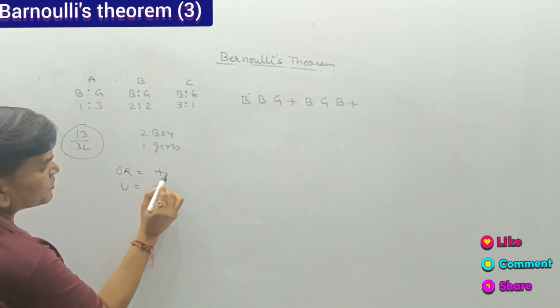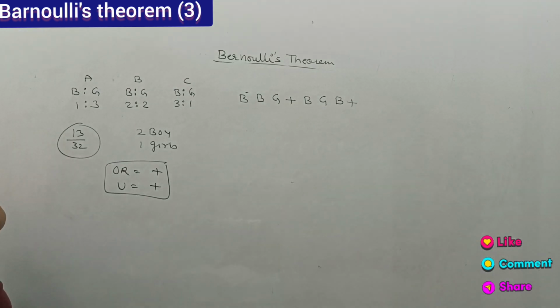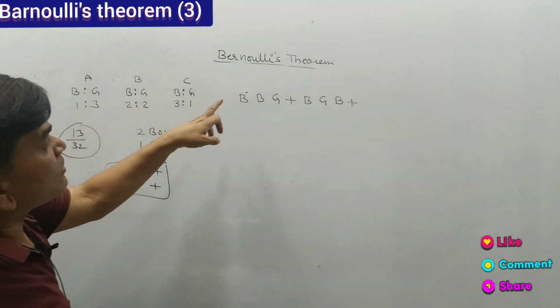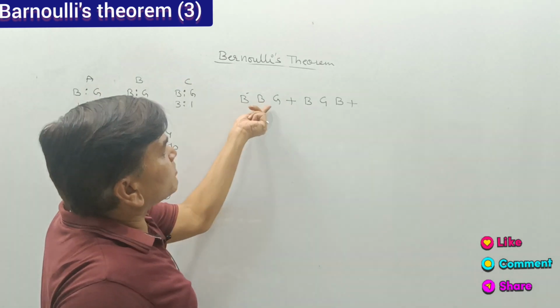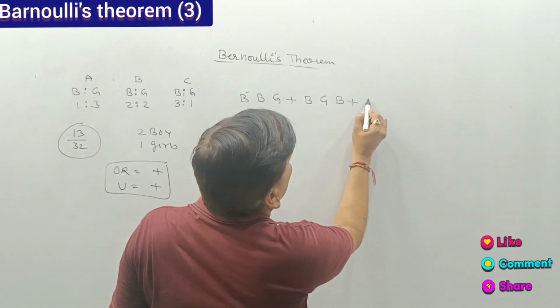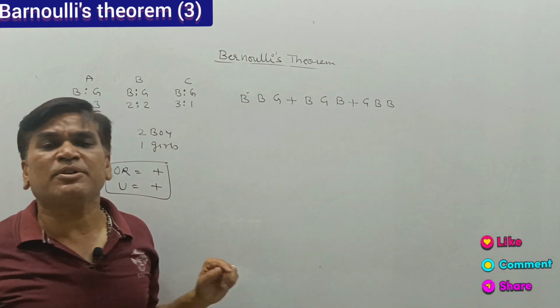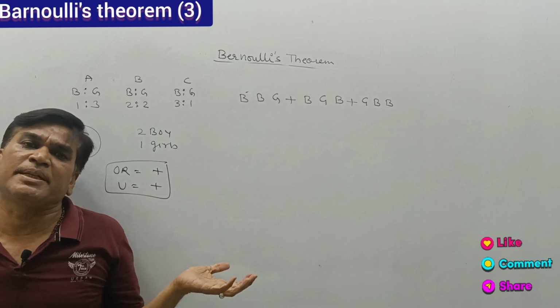Union is there, we have to use plus. Already we have learned this. So among the three groups, A group boy, B group boy, C group girl; boy, girl, boy; and it may also be possible girl, boy, boy. All three possibilities are there, nothing more.